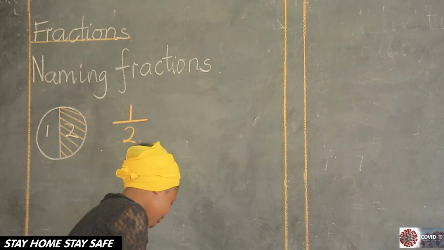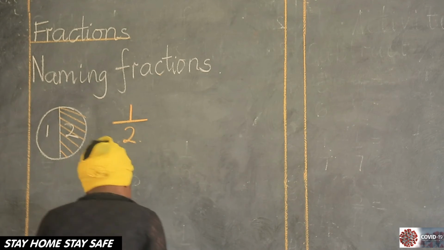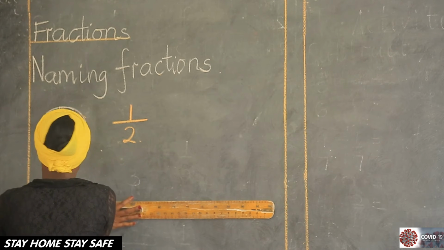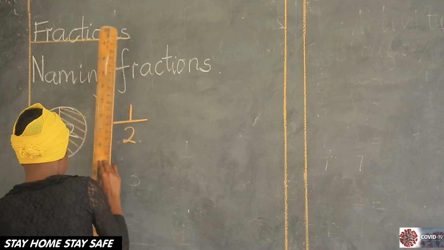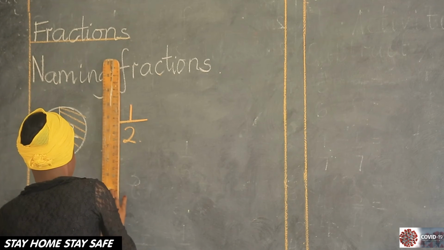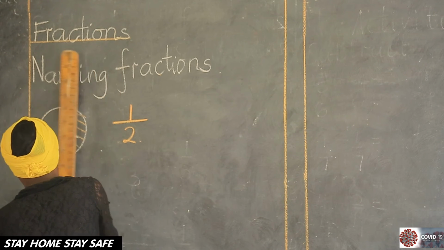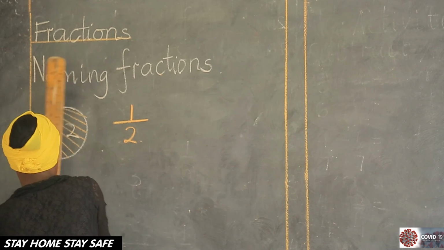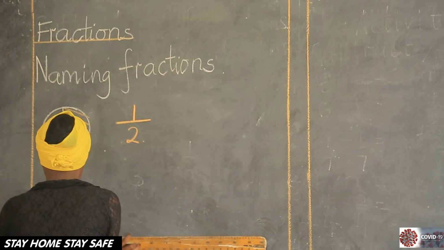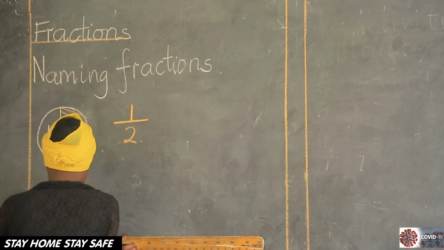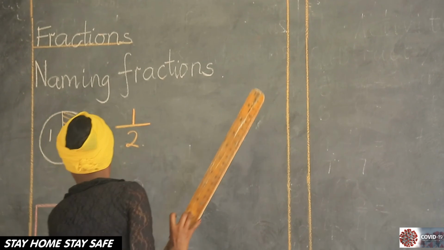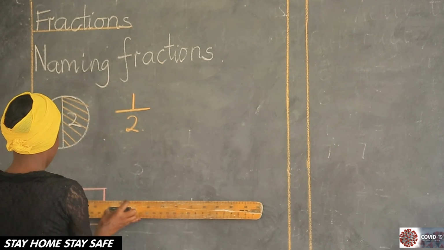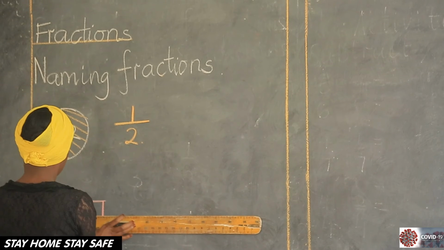Let's continue. I have my shape. And we normally use fractions even in our daily life. How many of you eat pizza? That pizza is always sliced. So the number of parts that are in that pizza and the number of parts that you eat, those are all fractions.